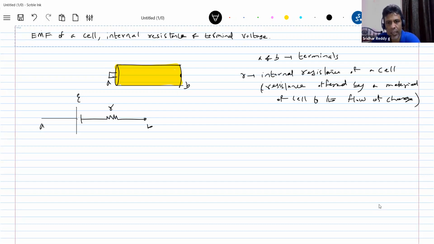This symbol is called the electromotive force, or EMF, of a cell. And VAB is called the terminal voltage. These are the terms which I'll be using frequently here. Okay, how does the working of this cell take place?